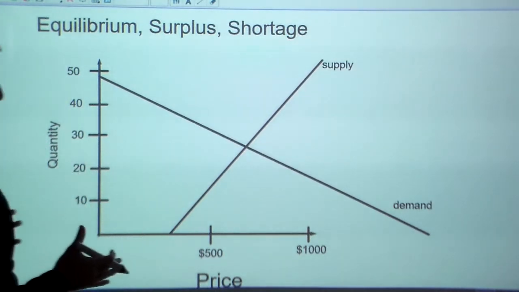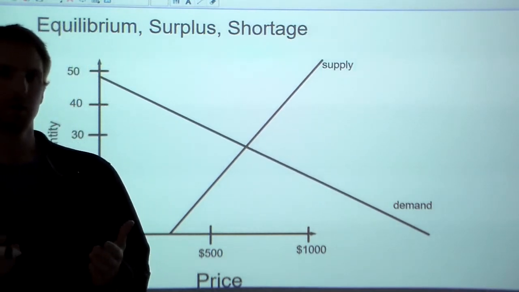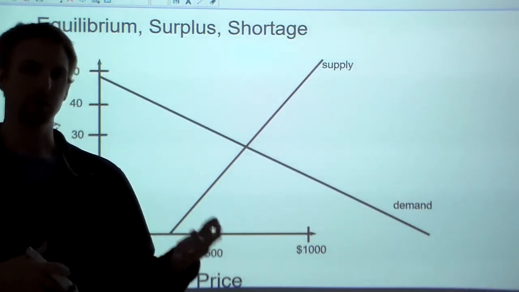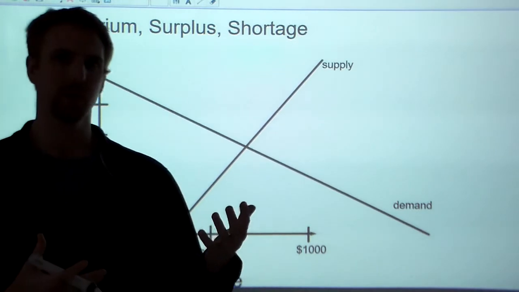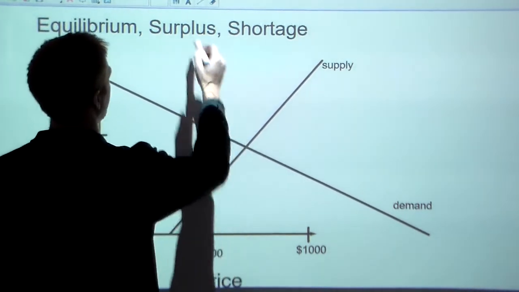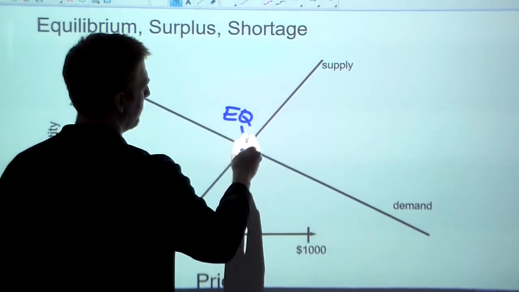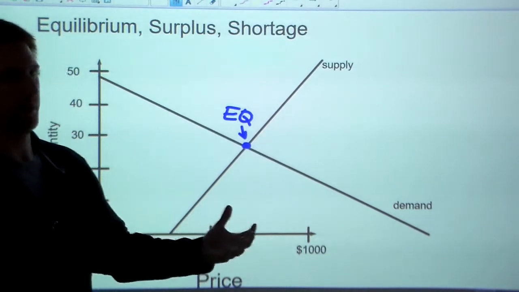Now, equilibrium is where the market balances out. You look at what people are willing to pay, what stores are willing to sell it for, and you just kind of see where it evens out. And that's the place where they cross out here. That's your equilibrium. And you find that by just letting time go on.